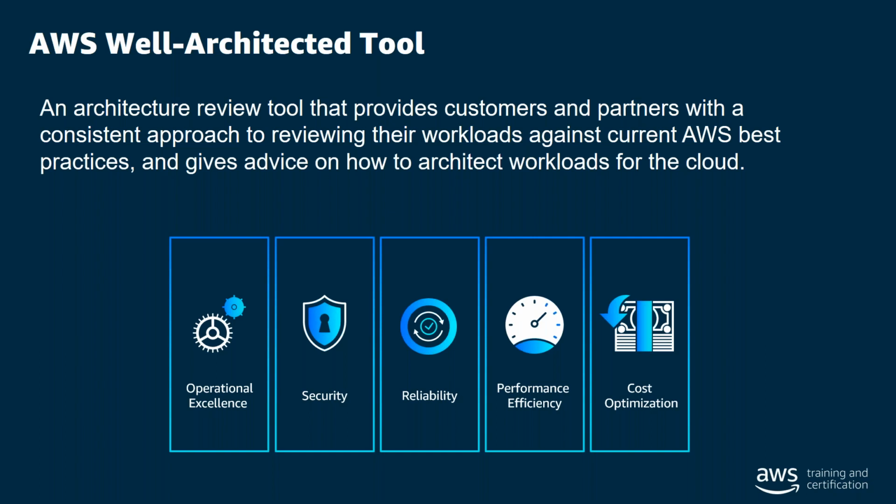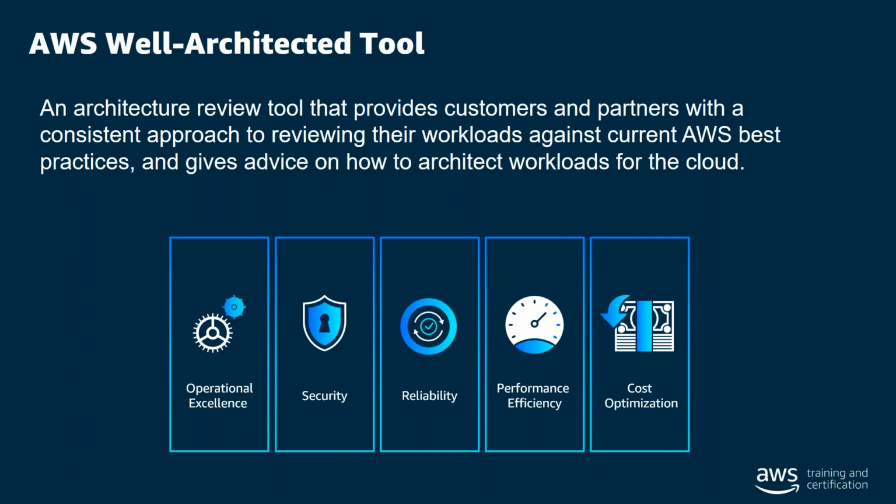So the learning aspect is an important piece of this. The tool allows you to conduct a review against the framework where you measure your architecture. It is not a pass-fail thing. It allows our customers and partners to learn the best practices. But the real important part of the Well-Architected Framework is that we really want our customers to improve their architectures.